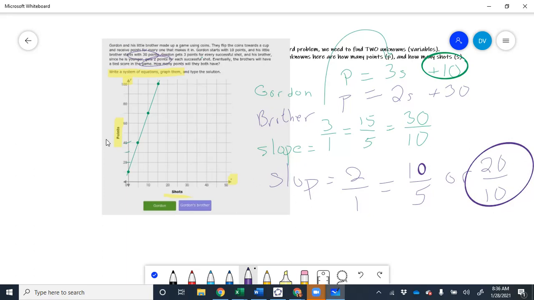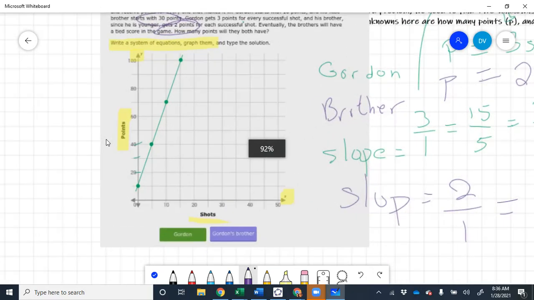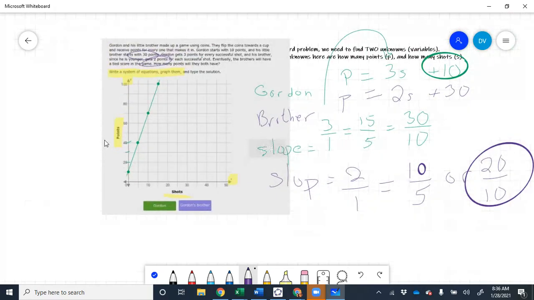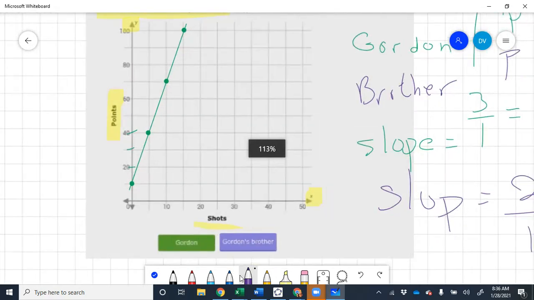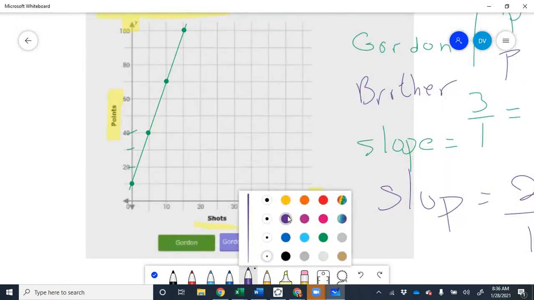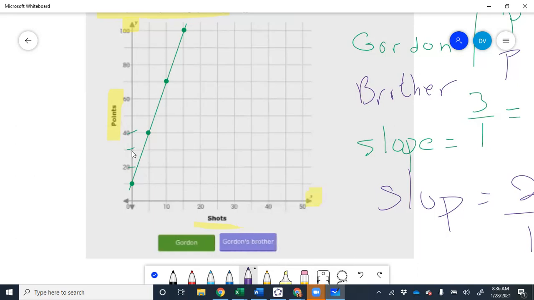So let me go to the intercept first. The intercept is 30. We're going to start at 30. We're going to go up 20 and over 10. So on my intercept, I want to go to 30 with a purple dot. There's 30 right there.